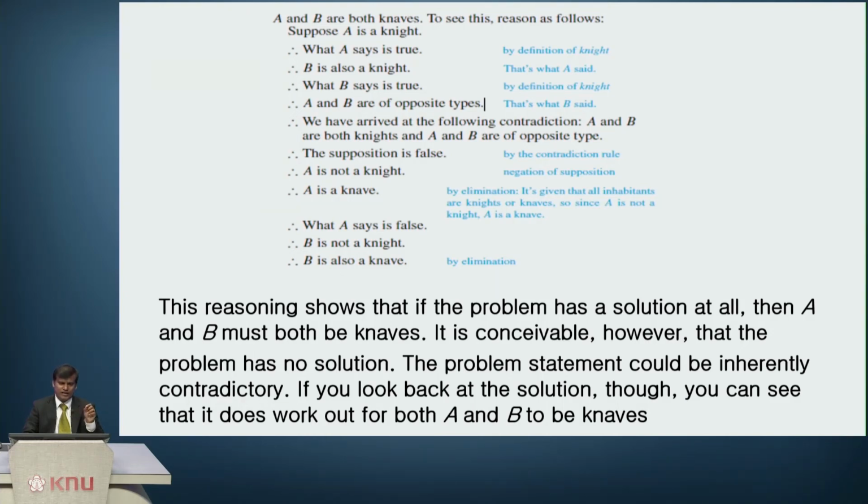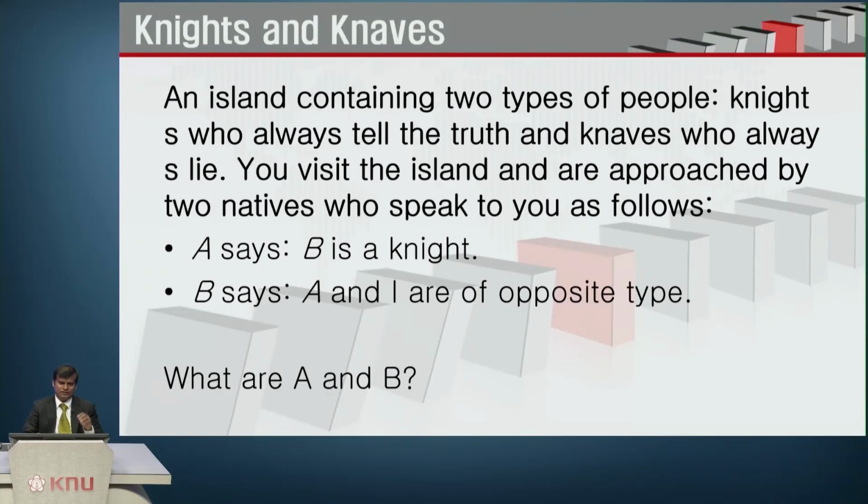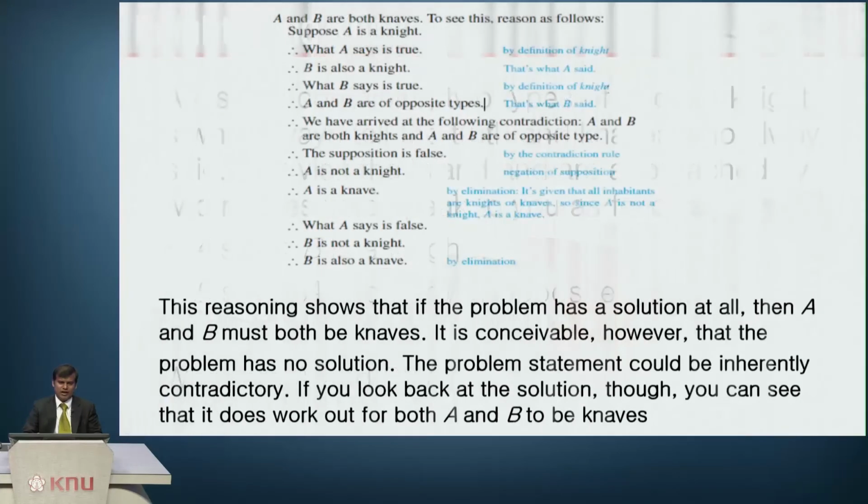Therefore, B is a knave. So you can think back about this whole problem here, and the reasoning can be confusing at times. So A and B both must be knaves. There is only one satisfiable answer or solution that you can come up with.